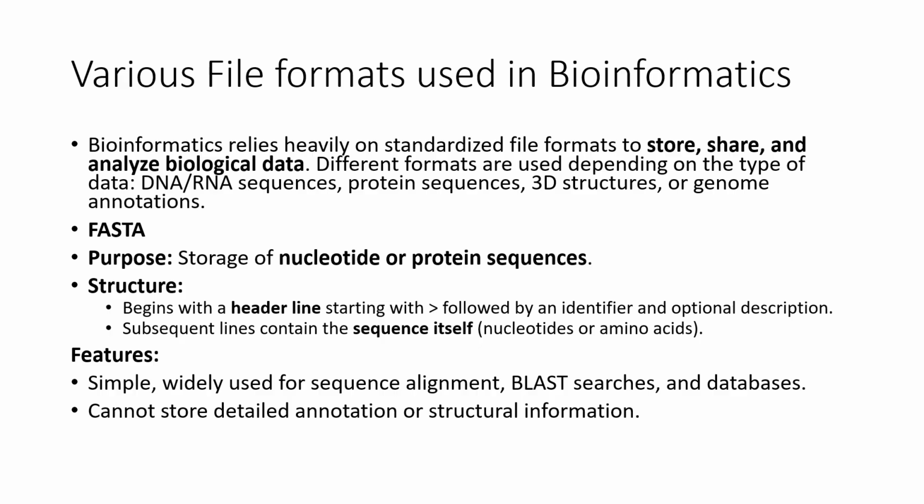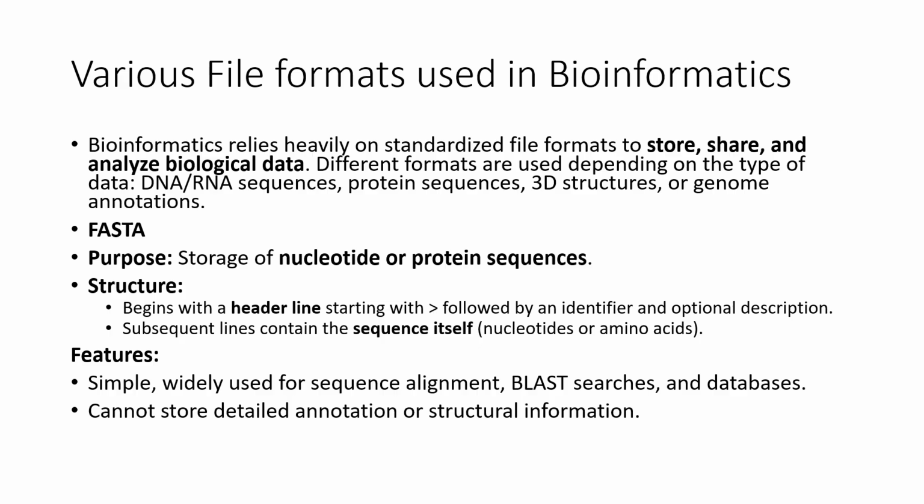These include, first of all, FASTA, a very common file format visible on NCBI. All nucleic acid and protein sequences can be downloaded in this format, and it is very standardized for BLAST and other data analysis tools. It is structured with a header line starting with this symbol, followed by an identifier and an optional description.